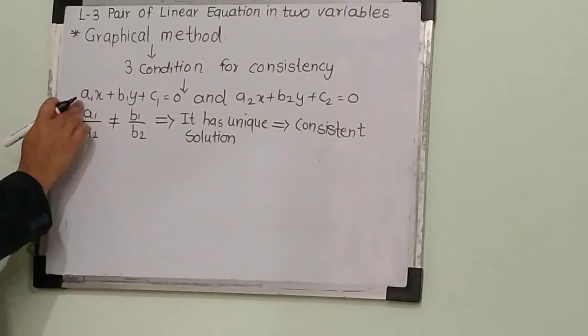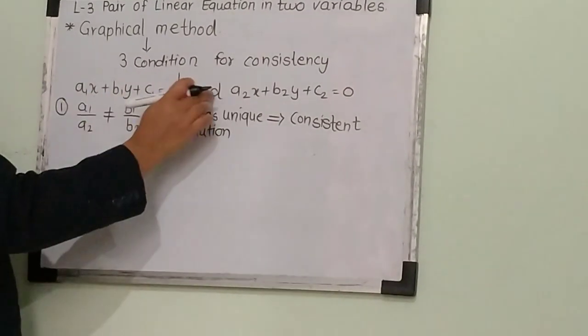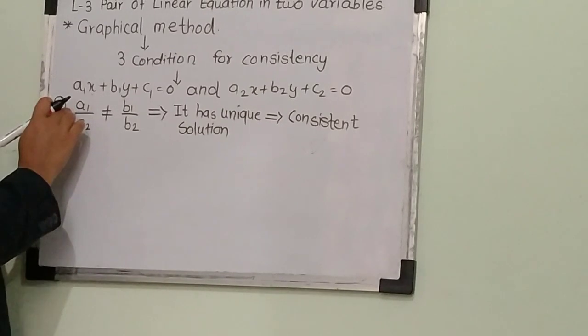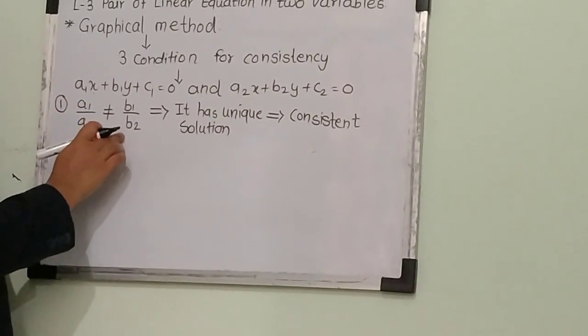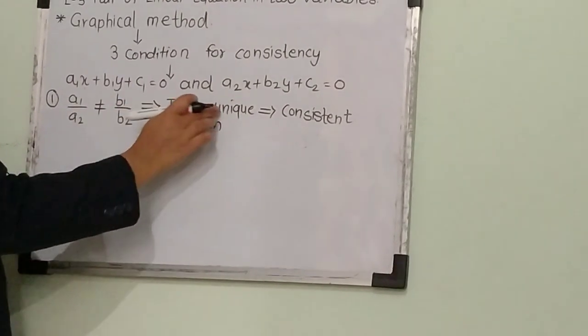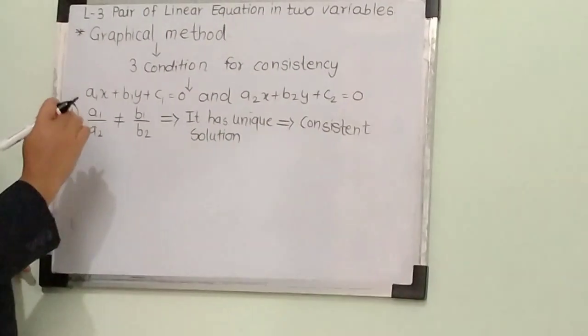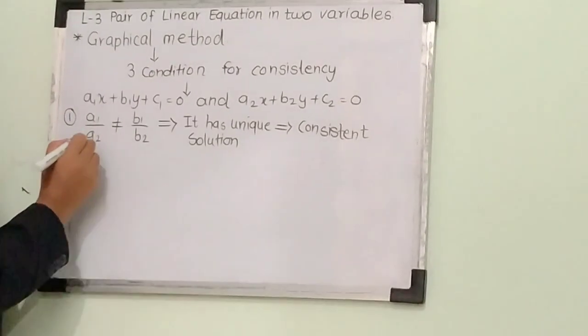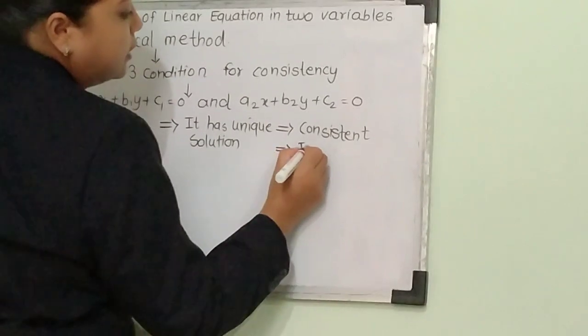When we compare the ratio of coefficients of both the equations, if a1 upon a2 is not equal to b1 upon b2, then we say that it has a unique solution and they are consistent. And we can say that these lines are intersecting lines.